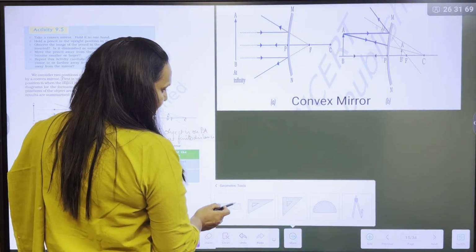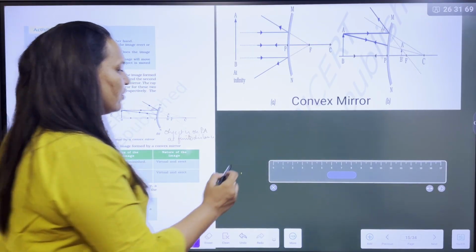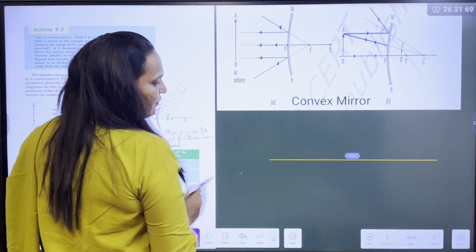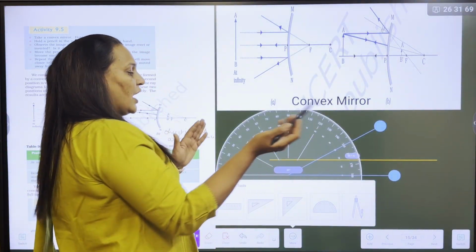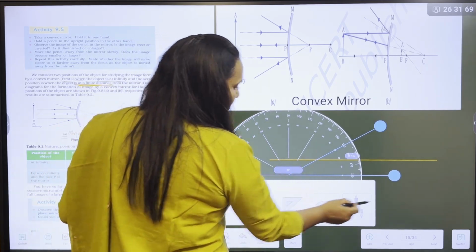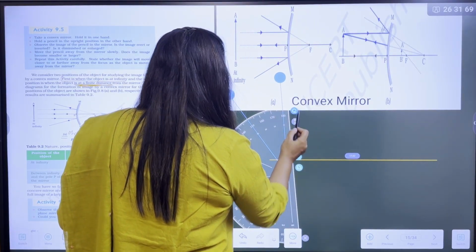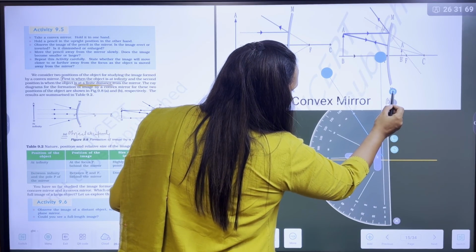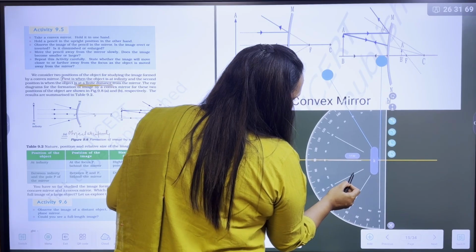Again guys, I am telling you how to do. Take a scale similarly like this. Now draw the one principal axis. Hope everybody understood. Then take a protractor. Now we have to keep the protractor in a C shape like this. I told you we have to keep 90 degree, right, like this.